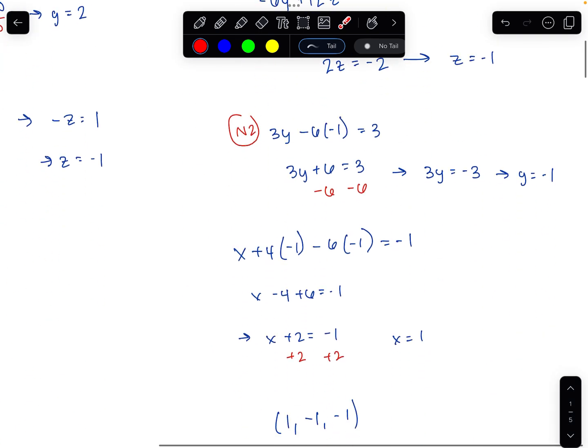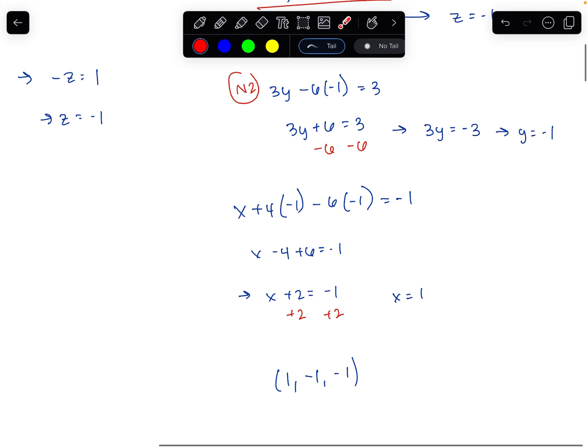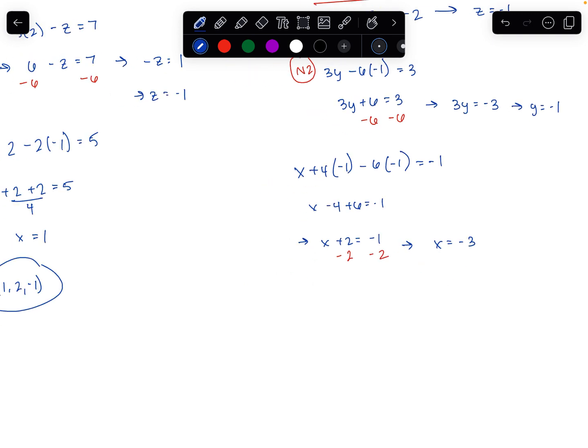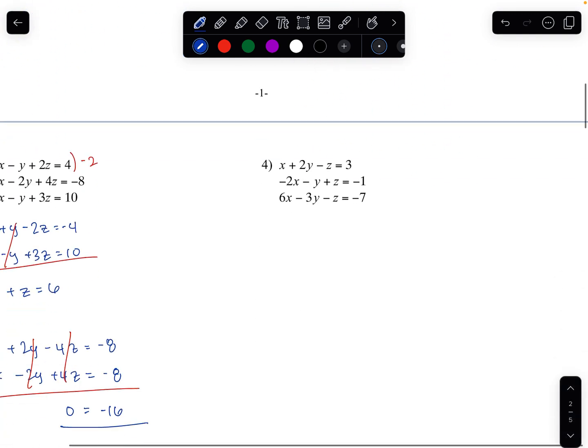That becomes +6. -4. That's what I did wrong. Something felt off about that. This right here was supposed to be -2. Therefore, x is going to be equal to -3. There we go. That feels better. -1 and -1. Okay. Sorry.